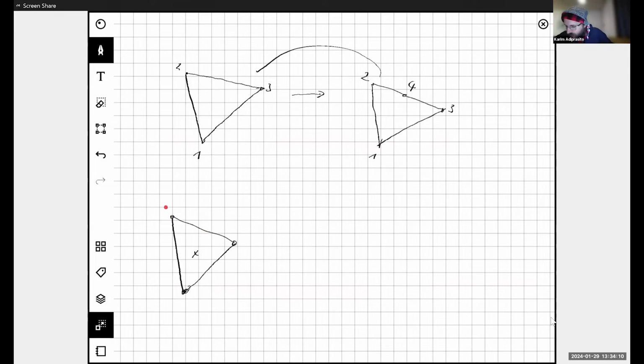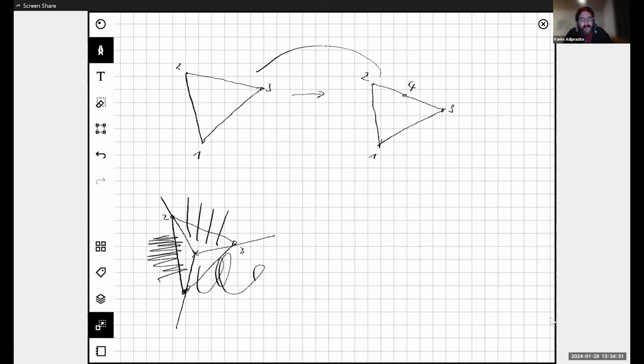What I can do is, over every face, I can draw a simplicial cone. I have this face 2, 3, and it now corresponds to this simplicial cone. Then this is another simplicial cone, and this here is a third simplicial cone.